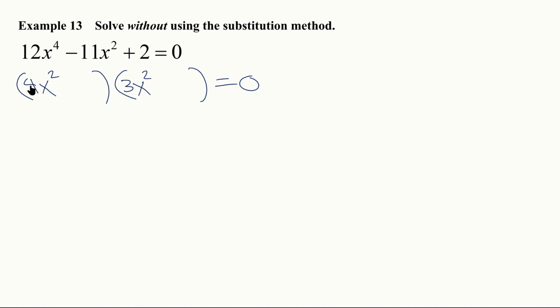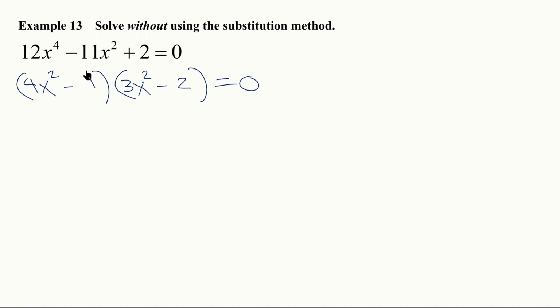Notice when you multiply those two, what do you get? You get 12x to the 4, right? And then remember we used 2 and 1, and they both had to be negative, right? So let's double check. First times first gives us first. Last times last gives us last.